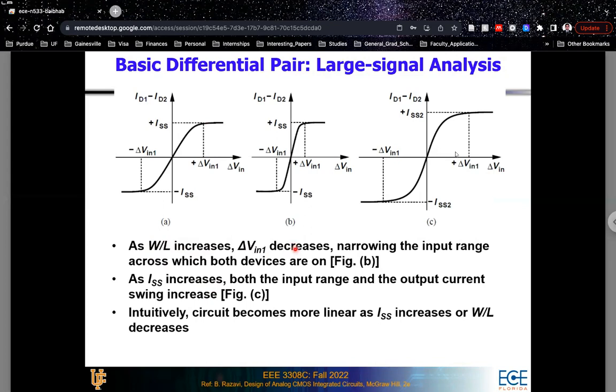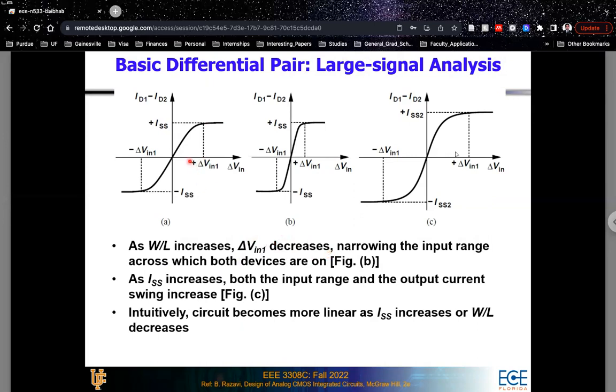Because, as you know from the previous equations that we learned when we learned about common source stages, current is equal to K over 2 times (VGS minus VT) whole squared. Now, if W over L increases, K increases, but if your current remains the same, which is the case for a differential amplifier, then your del V in should decrease.